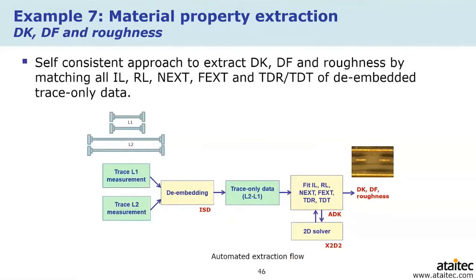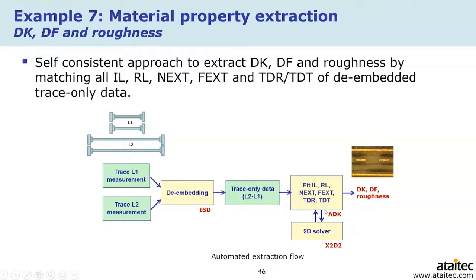So now after we do this embedding accurately, we can talk about Dk/Df extraction. And all that process is automated between short trace and long trace. We do the embedding and we get trace-only results, and then we fit all S parameters in insertion loss, return loss, crosstalk, and also TDR and TDT by a 2D solver.